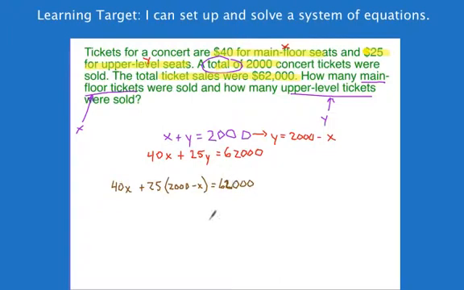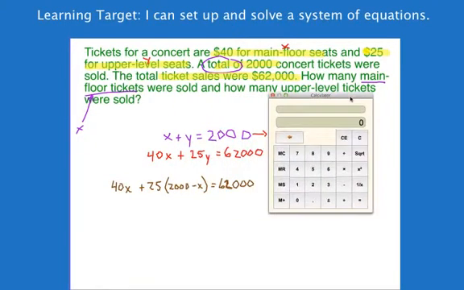Okay, when I distribute that, I'm going to have to do 25 times 2,000, so let's get a calculator out just to make sure we get this right. No sense making a calculation mistake. 25 times 2,000 is 50,000. So my new equation after I distribute, I have 40x plus 50,000 minus 25x equals 62,000.